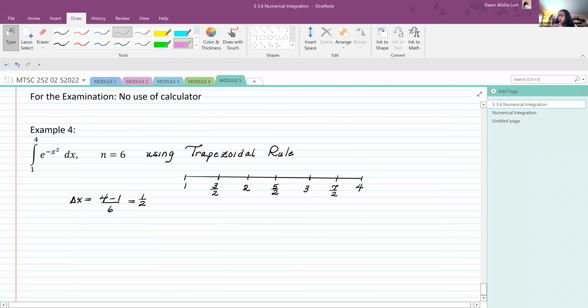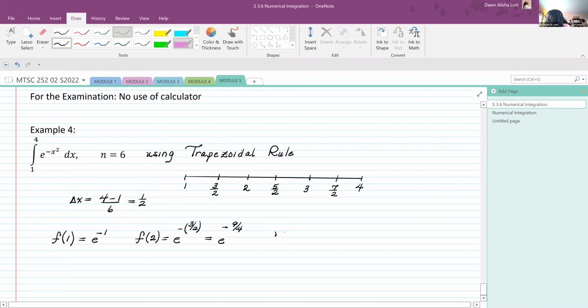So therefore, you will need to find f of 1, which will be e to the minus 1 squared. F of 3/2 will be e to the minus 3/2 squared, which will be e to the minus 9/4.